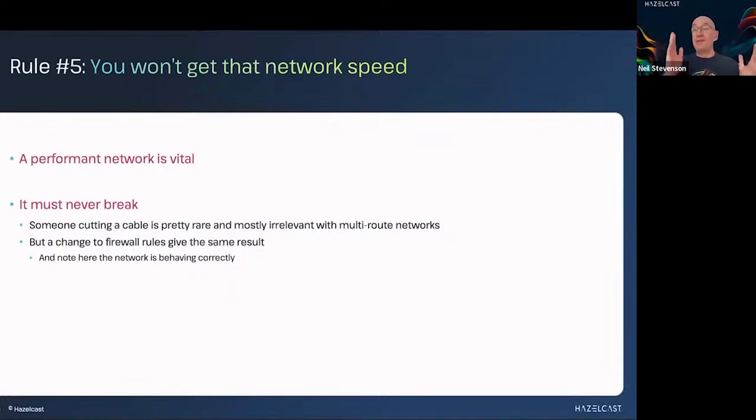It appears to have been cut in two, but it actually isn't. It's just not allowing traffic through. So it's not actually a fault. But the flip side is firewall rules can always be reversed. So it's often a lot easier than if somebody's cut a network cable in two, which, as we said, doesn't really happen. Modern networks have got multi-routes and all networking stuff that makes them nice.